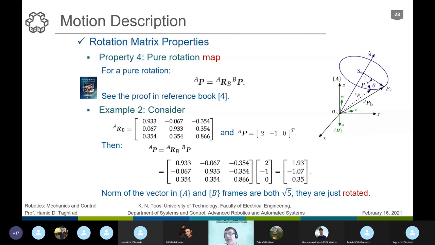If we would like to change the coordinate from B to A, to represent P with respect to B in frame A, it is very easy to just multiply it with R_AB. Consider canceling the subscript and superscript: P with respect to B, left multiplied with a special matrix, which is R_B with respect to A, gives you P with respect to A. The proof is given in the book.